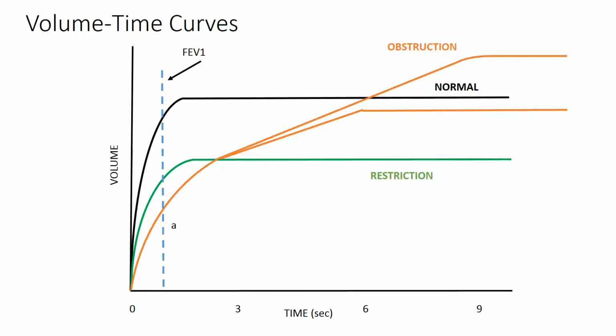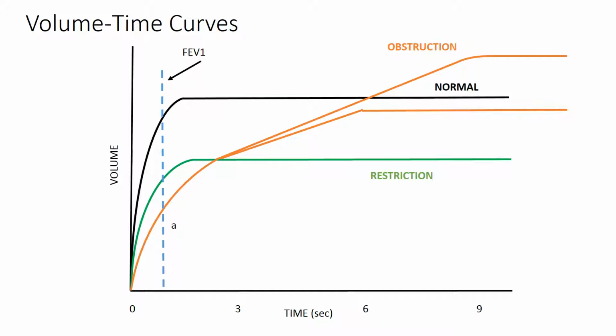In a patient with restrictive lung disease, regardless of the cause, this is depicted in the green line. There's a forced exhalation at time 0, but the plateau is achieved at a much lower volume.